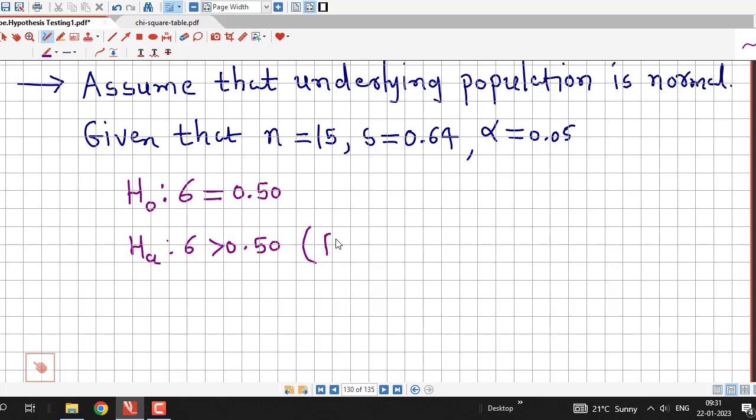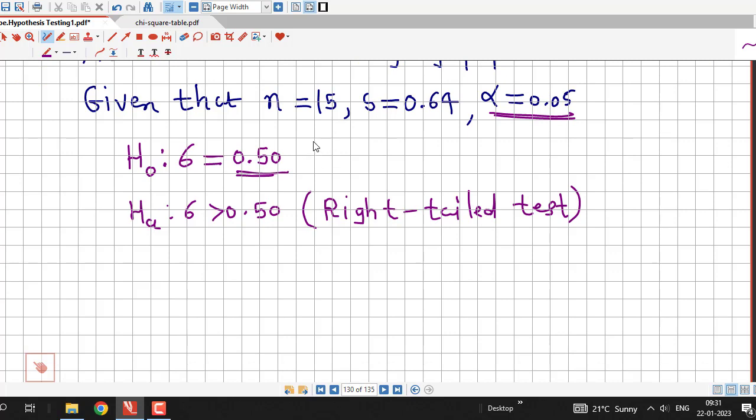That means we have an upper or right tailed test. We have to consider area of alpha equal to 0.05 in the right tail, and we will use 0.50 as value of population standard deviation in our formula of test statistic.